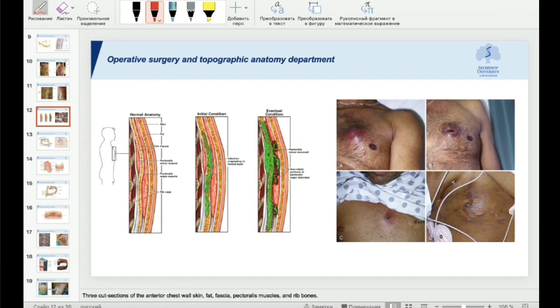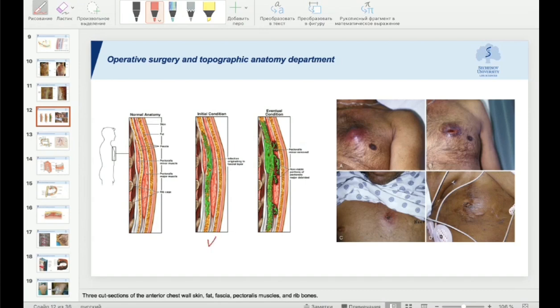We can find the skin, fat, fascias, then layers of muscles. Firstly, we find the pectoral big or major muscle, then we find the pectoral minor muscle, then the intercostal space between ribs. In the middle picture, the initial condition, I will write the letter V.